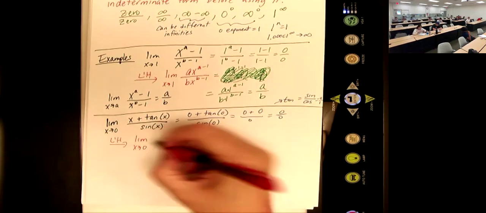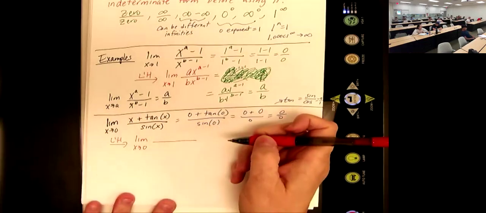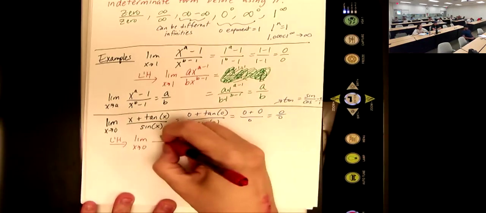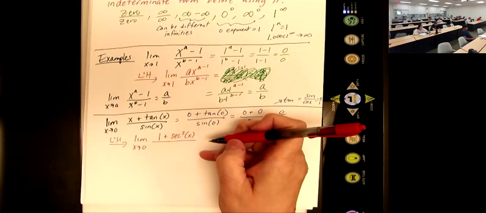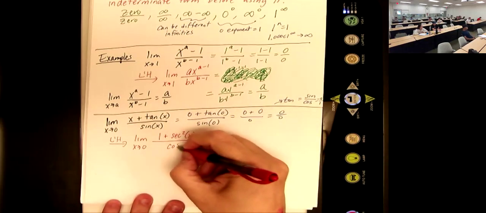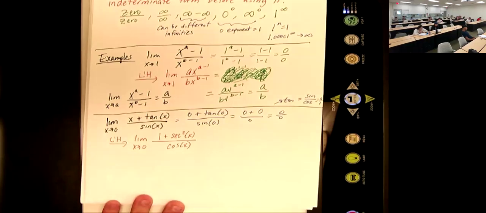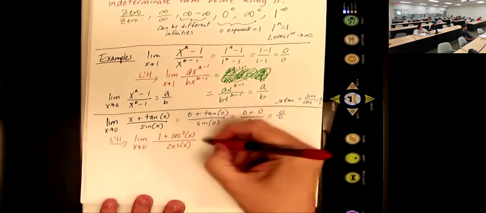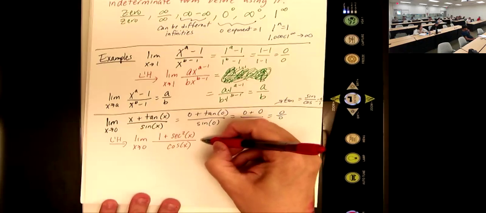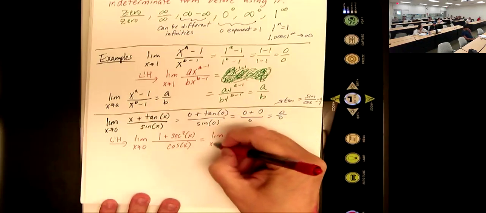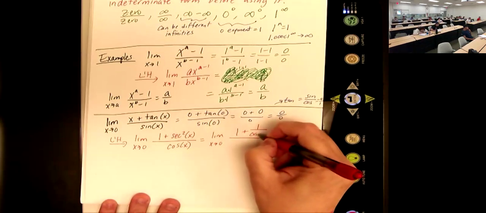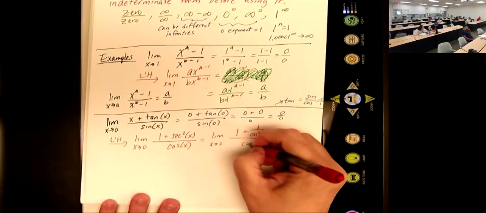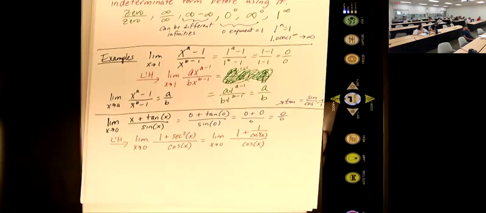What's the derivative of the top? 1 plus secant squared x. And the derivative of the bottom? Cosine x. Now, I don't know about you, but I may not remember how secant works. I'm gonna rewrite the secant as 1 plus 1 over cosine squared x, because I know what cosine and sine values are fairly easily. Secant, I gotta grab a calculator.